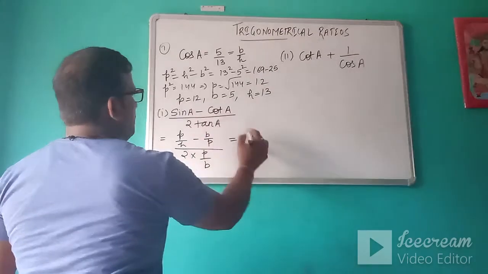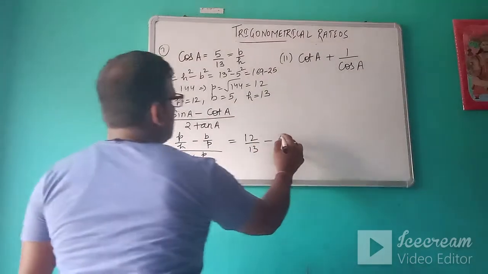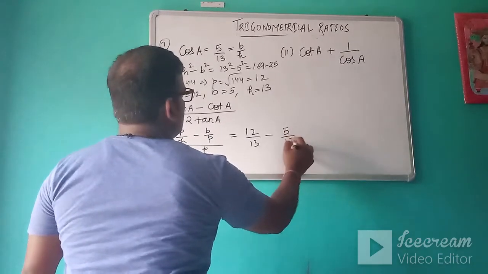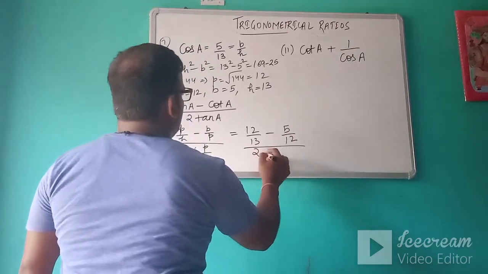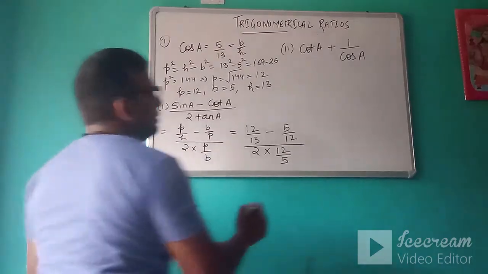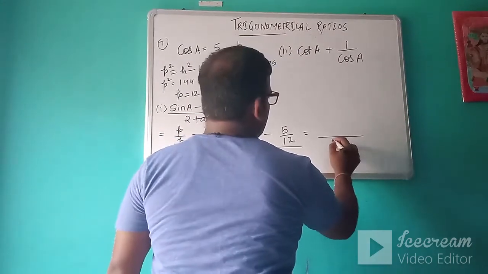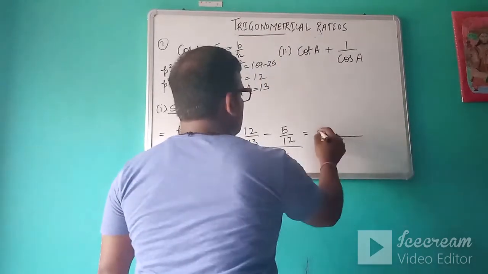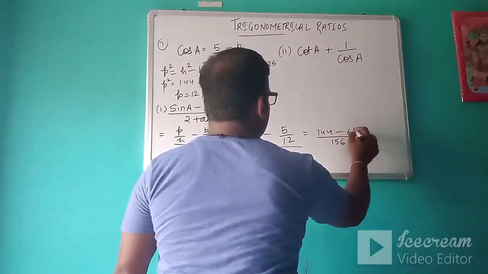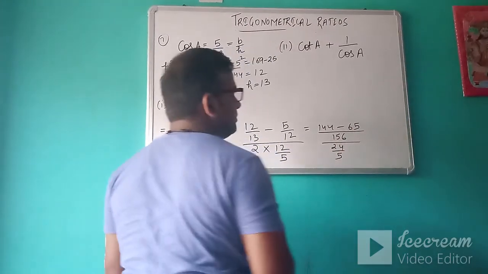So what was our p? 12 upon 13 minus 5 upon 12 upon 2 into 12 upon 5. So when you calculate, what will you get? First you will take the LCM here. LCM is 156. So it is 144 minus 65 upon 24 upon 5.